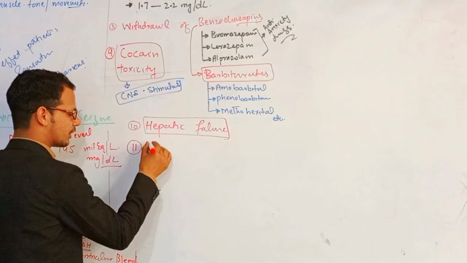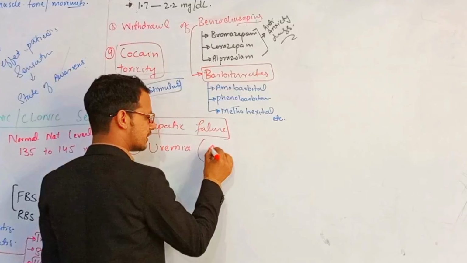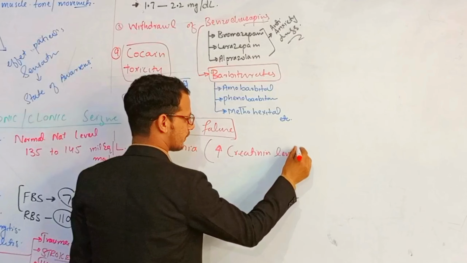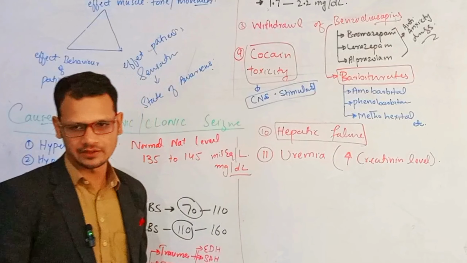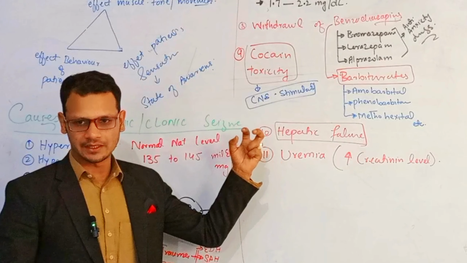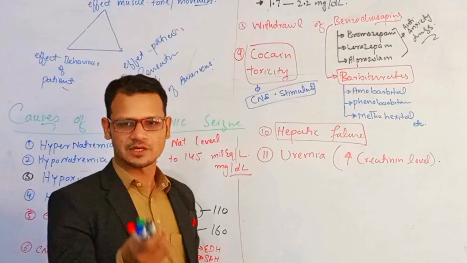Next is uremia. Uremia means when you have increased creatinine level, and it is also a cause of seizures. What is the normal value of creatinine?